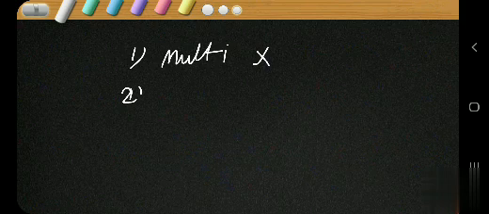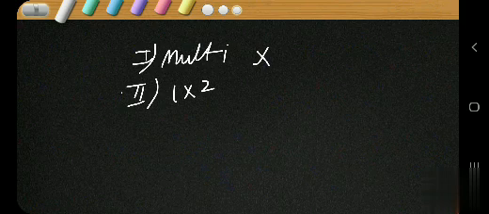After that, we have discussed the properties of multiples. Which are the properties of multiples? Yes, every number is a multiple of itself. Every number is a multiple of 1, isn't it?